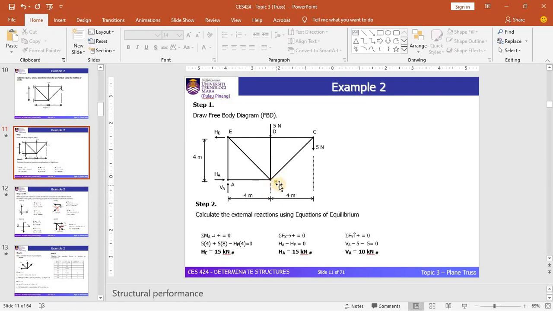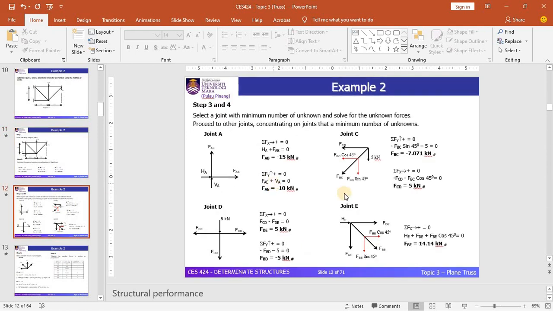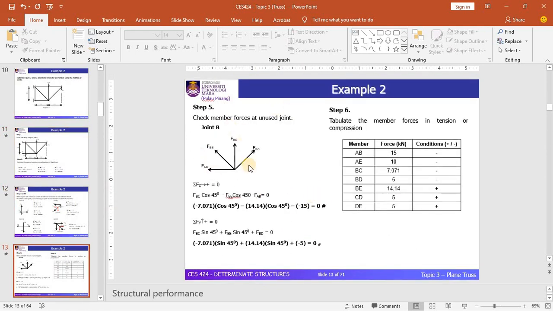So joint B has been chosen for checking the equilibrium of the system of truss. At the last joint, joint B, all the members have been determined, and it is selected to check the equilibrium of the system in the horizontal and vertical directions. You can see that the system is in equilibrium.